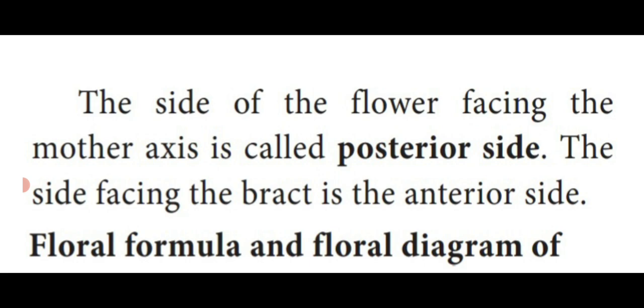Based upon the ovary position, different types of ovary, superior, inferior and half inferior. The flower with a superior ovary is known as hypogynous flower. Flower with an inferior ovary is known as epigynous flower. The flower with a half inferior ovary is known as perigynous flower.